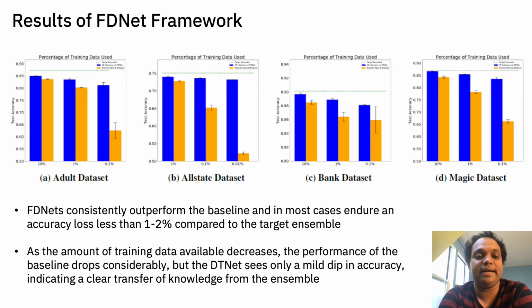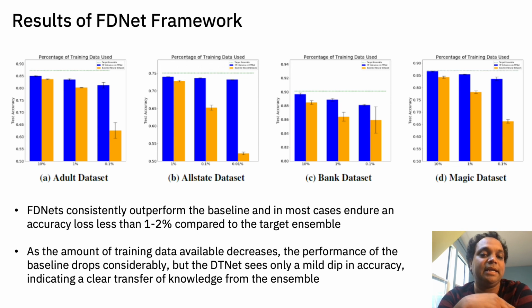There is no synthetic data used here, no distillation involved. And for each data set we vary the amount of training data that we have, from 10%, 1% and 0.1%. So it's a decreasing geometric progression with a factor of 10.